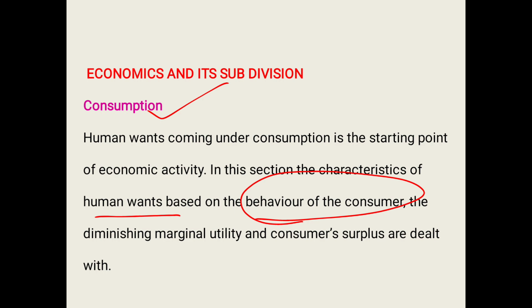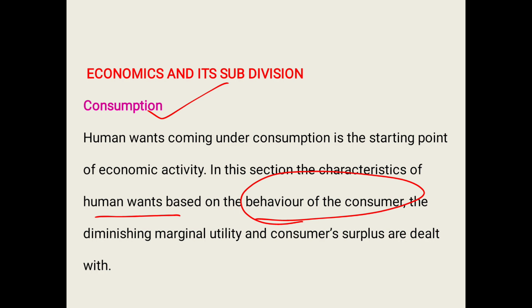What type of consumer? For example, this is chocolate. Who is going to be the consumers? Children like sweets. Middle-aged people like sweets. Old people like sweets. So, what is going to be the behavior of the consumer?